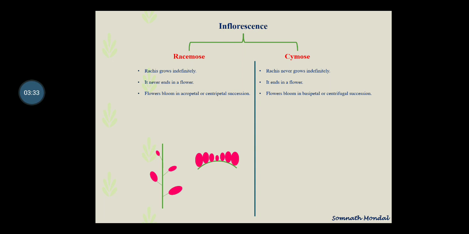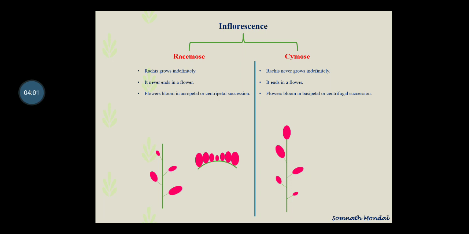Now in case of cymose, it is just the reverse. First of all, it ends in a flower. There is a flower at the apex, followed by some basipetal succession of flowering or blooming. That is, the bud at the lowermost position is the younger one, and the bud at the apex is the most matured.